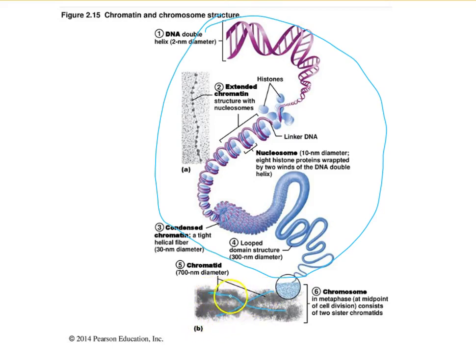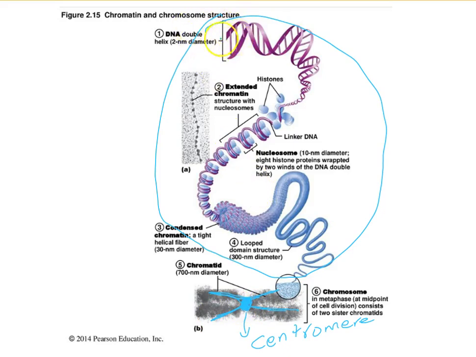So each of these is called the sister chromatid, which they are attached to one another at a region called this centromere. So here, this button-shaped structure is called the centromere, which the centromere is going to connect these two sister chromatids to each other.